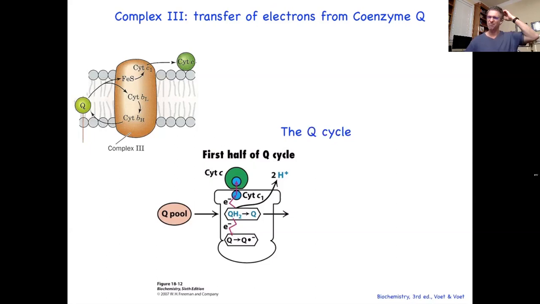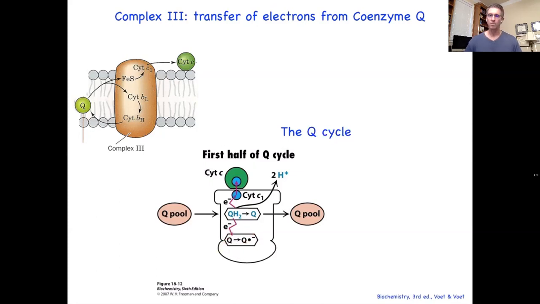All right, so now what? Well, we got one electron out, and we got this radical hanging out down here. That's a problem. What happens is the oxidized Q from this first binding site is released back into the mitochondrial membrane as the ubiquinone, the fully oxidized aromatic diketone.